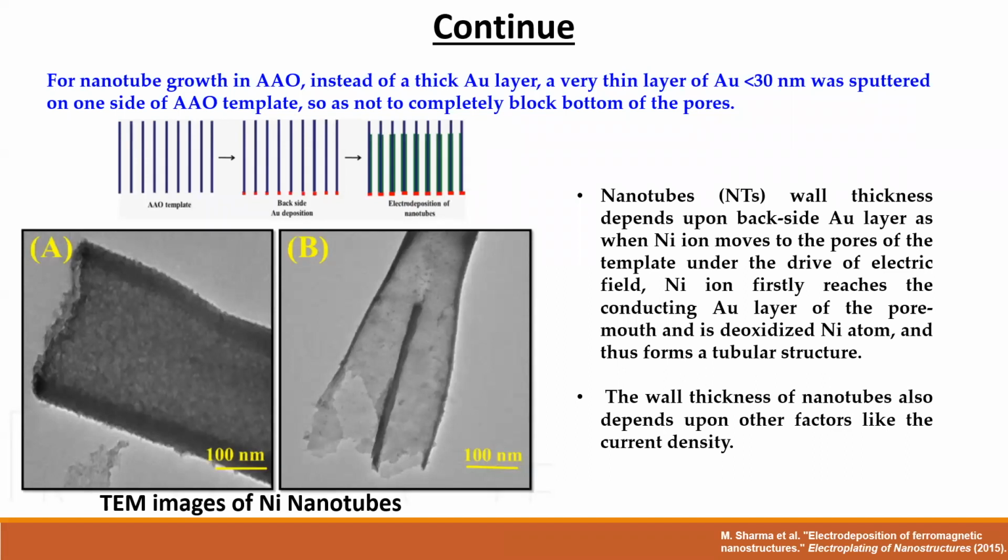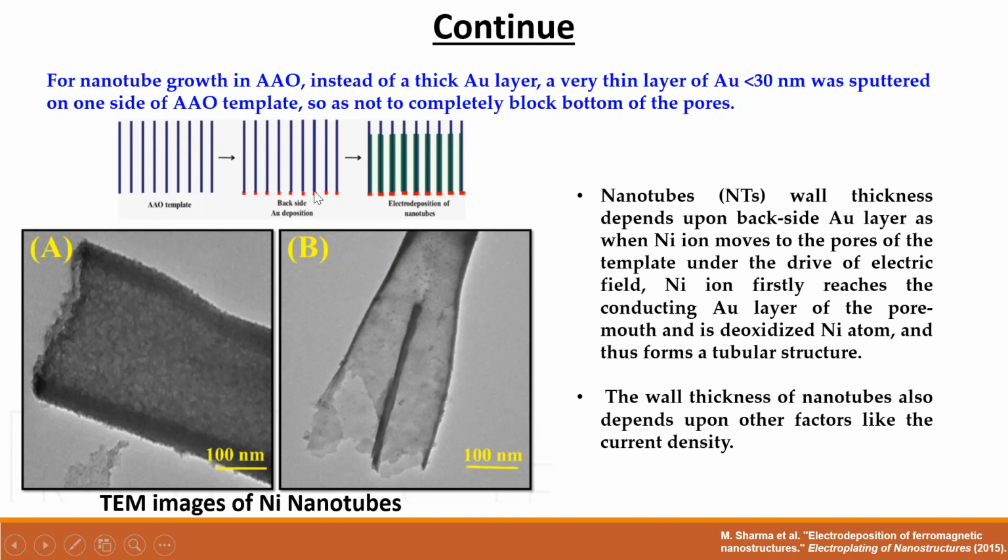For nanotube growth in AAO, instead of a thick gold layer, a very thin layer of gold, of the order of less than 30 nanometers, was sputtered on one side of the AAO template, so as not to completely block the bottom of the pore. So we have this porous AAO template.